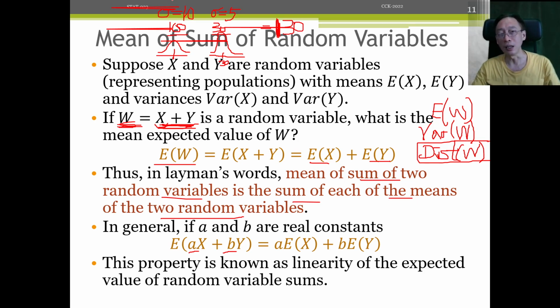If A is 5 and B is 3 or 3.2 or any other numbers, if you scale X and Y, what is the expected value of W? Well, you can pull out the constants. So A gets thrown out of the expected operator. So A times the expected value of X plus B times the expected value of Y.